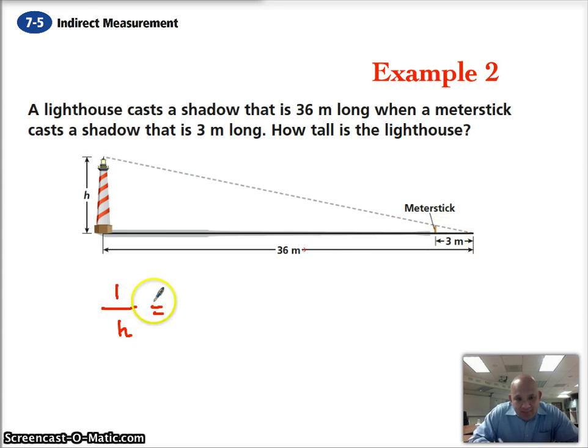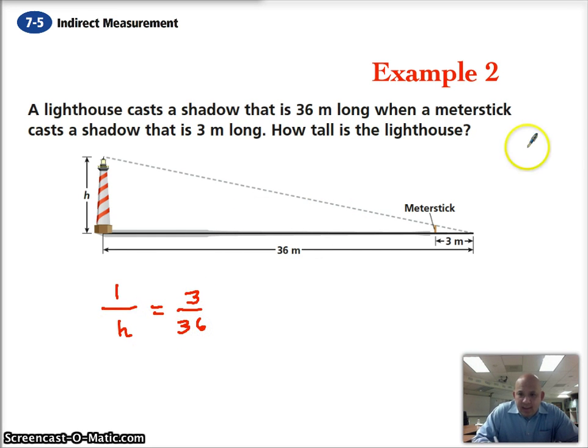Once again, we go back to the meter stick for the next ratio because order is important. So we went from meter stick to lighthouse. Now we're going to go back to meter stick to lighthouse. In this case, we're doing the shadow of the meter stick, which is 3. The shadow of the lighthouse, which is 36.